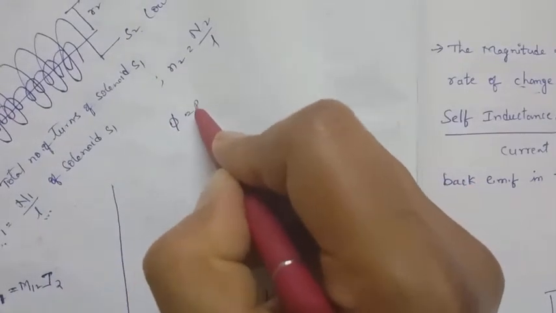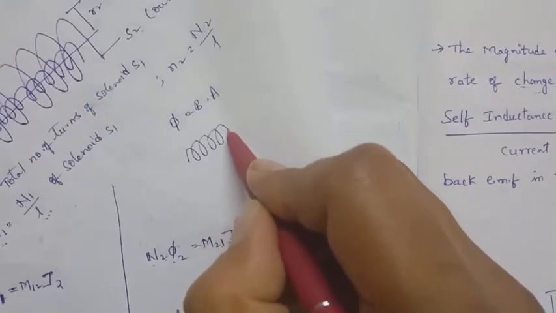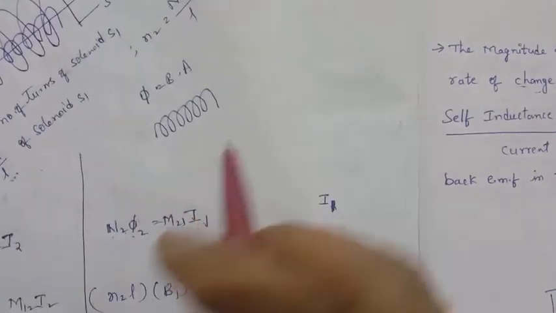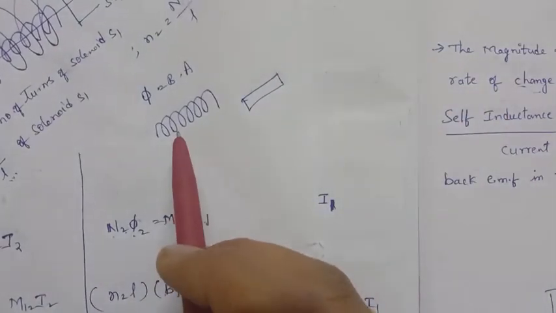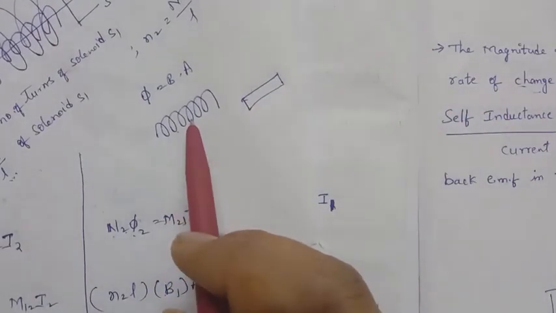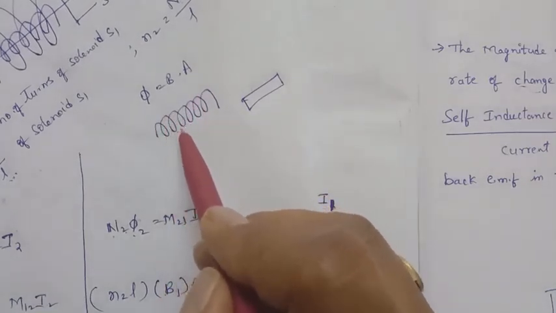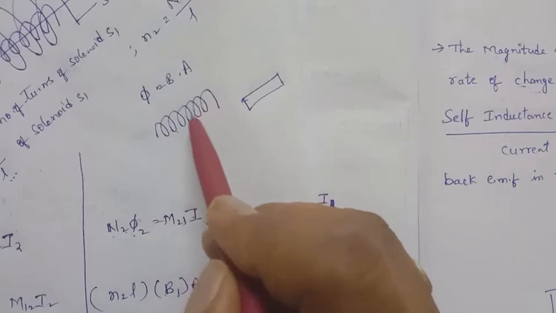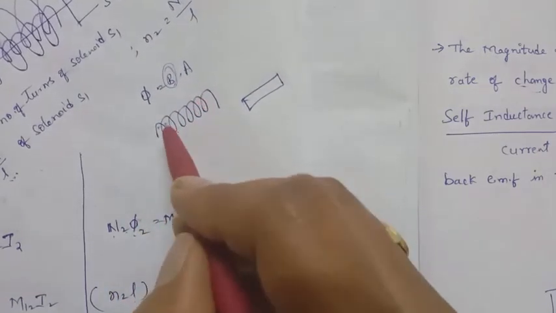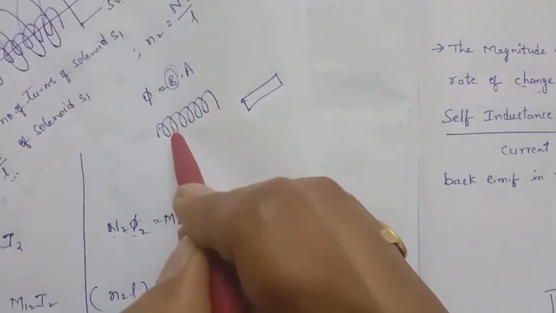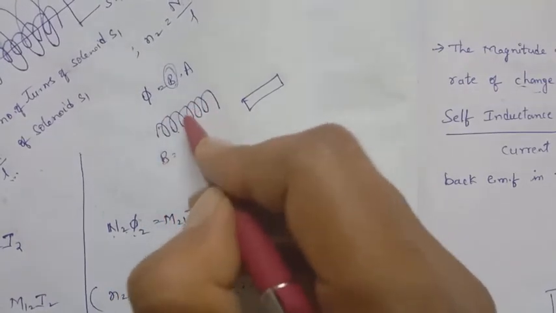Phi is equal to B dot A, already you know. If it is a solenoid, it is like a bar magnet. So when current flows through this coil, it acts as a bar magnet, meaning the magnetic field depends directly on the current.